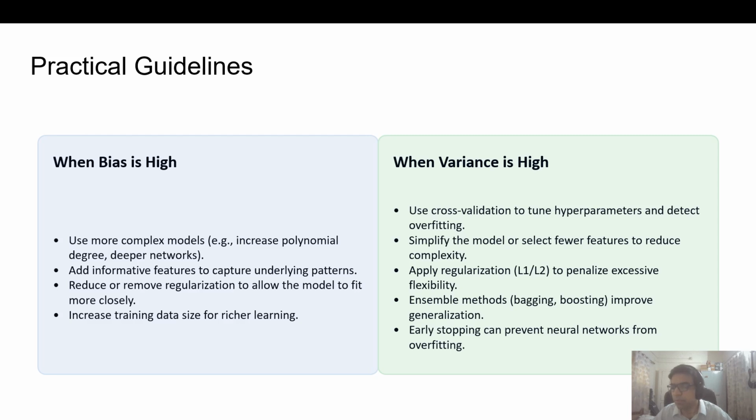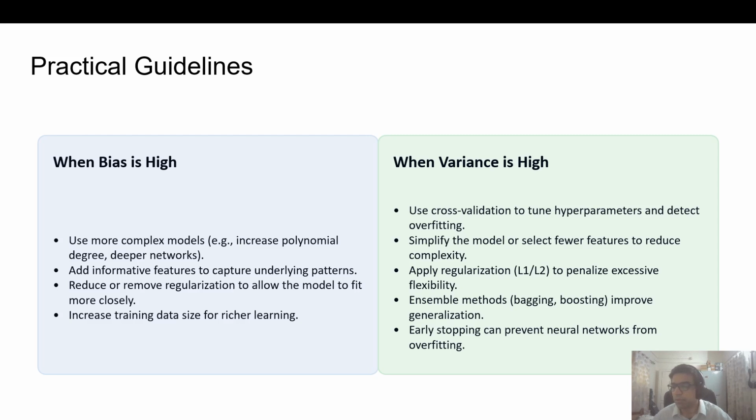Then moving to when variance is high, and the steps that you can take would be starting with first, employ cross-validation to tune hyperparameters and detect overfitting. Second would be simplifying the model or select fewer features to curb complexity.